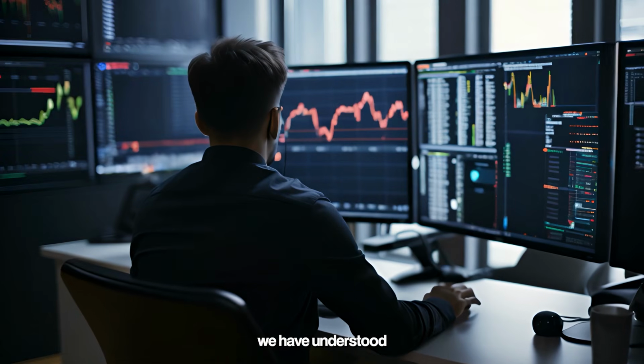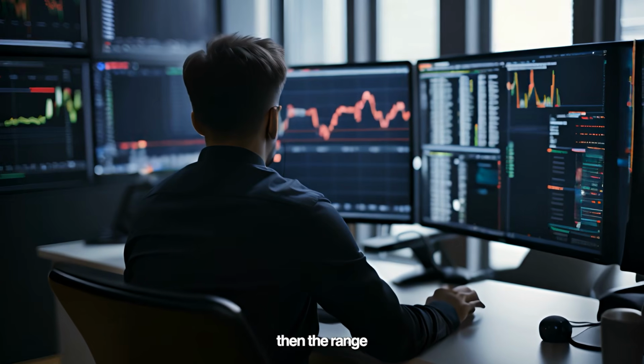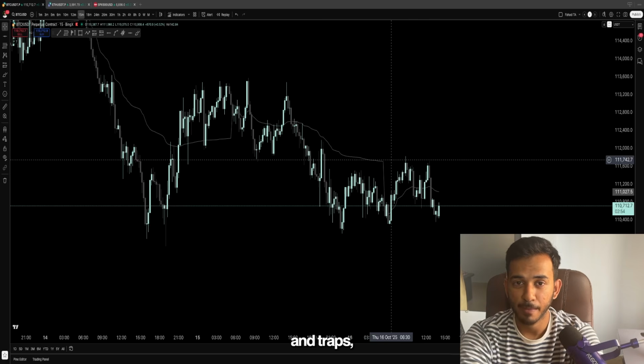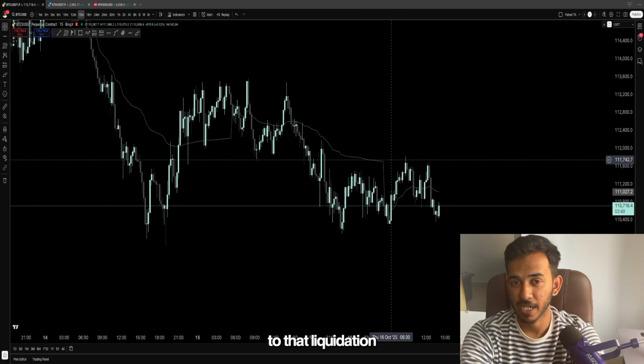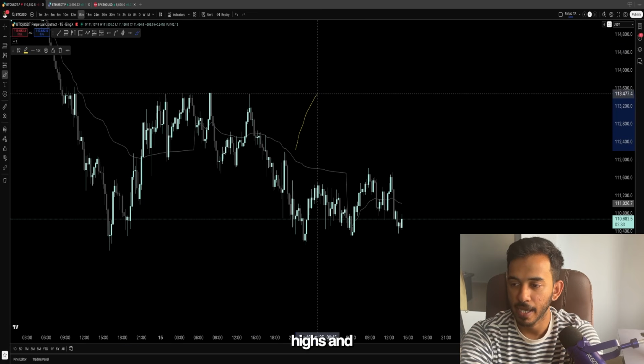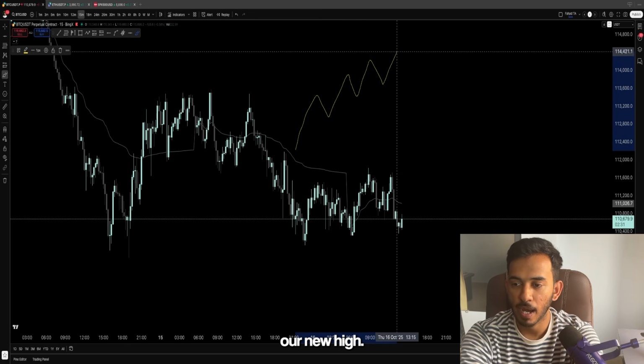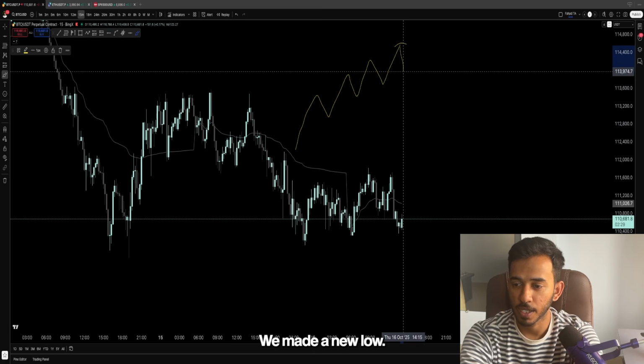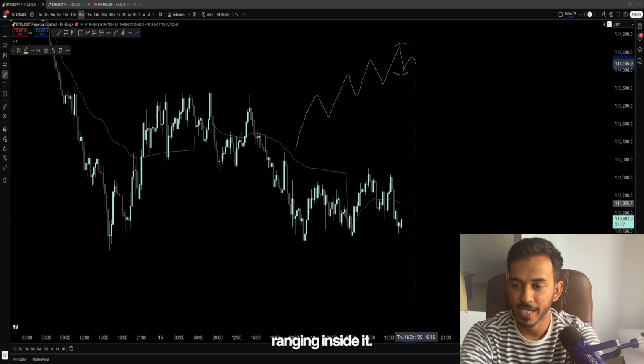So since we've understood the market structures and the range and the liquidity and traps, another important pointer to that liquidation point was, if you can identify that, you can also identify the highest probability zones for reversals. So let's say the market is in a clear uptrend, making higher highs and higher lows, and now we made our new high, we made a new low, and the market is just ranging inside it.